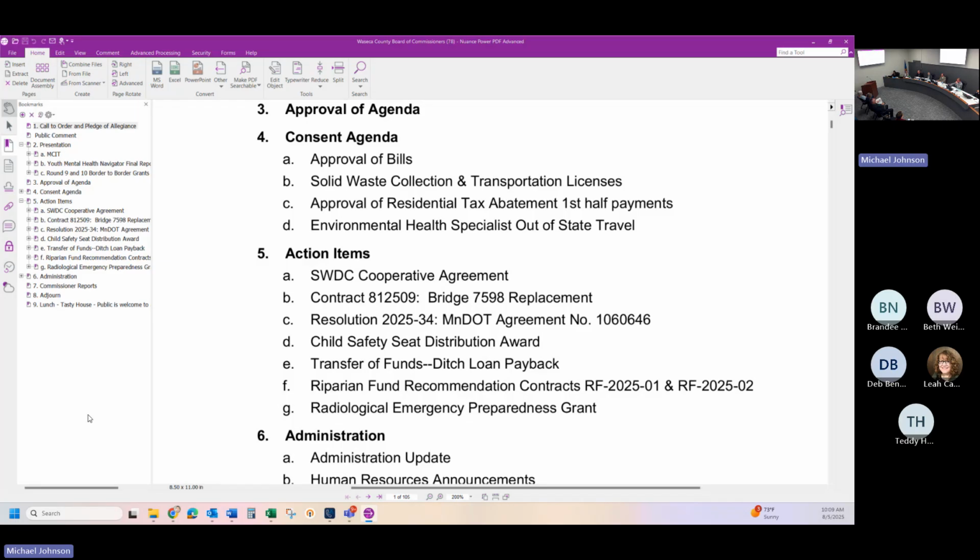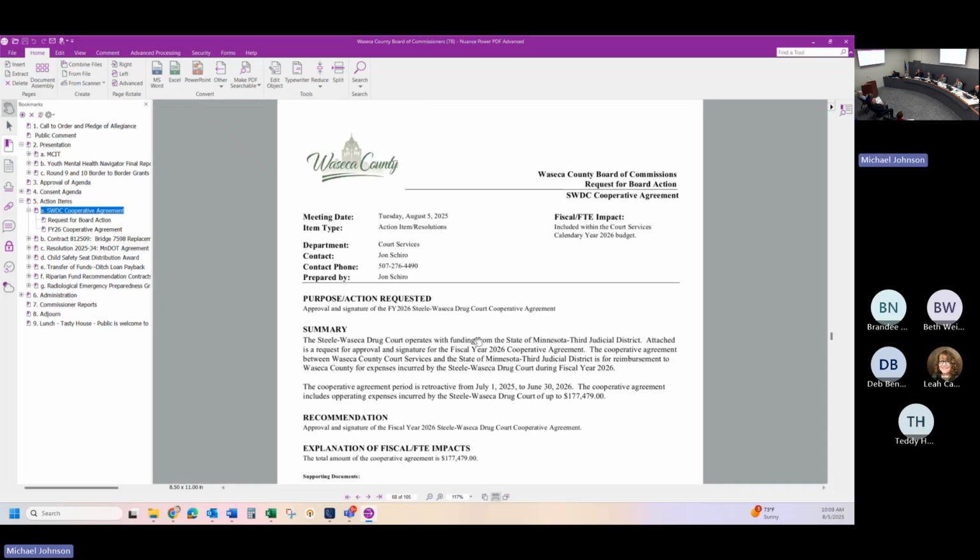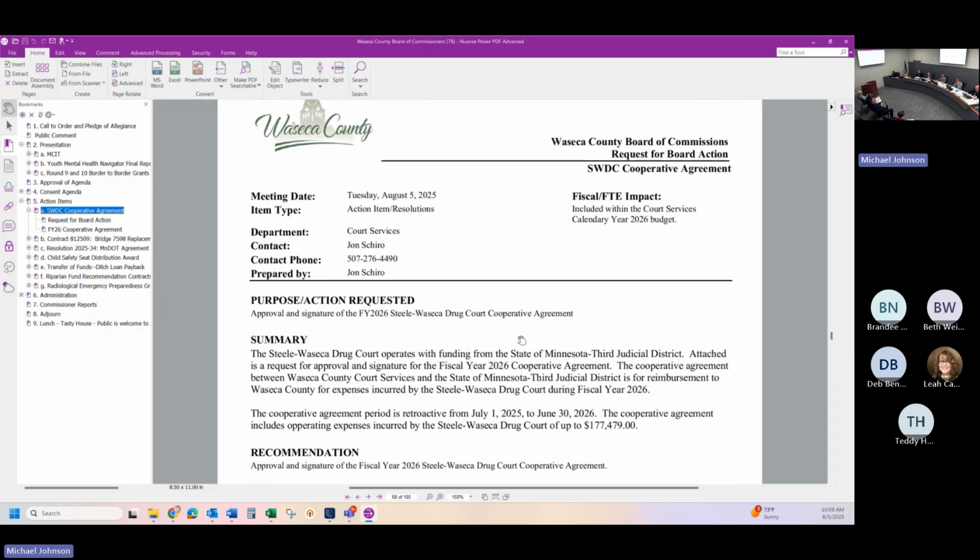Otherwise, I would look for a motion to approve the consent agenda as presented. I'll make that motion. I would second. Moved by Commissioner Milbrook, second by Commissioner Malter to approve the consent agenda as presented. Any other discussion? All in favor, say aye. Aye. Opposed, same sign. Motion carries.